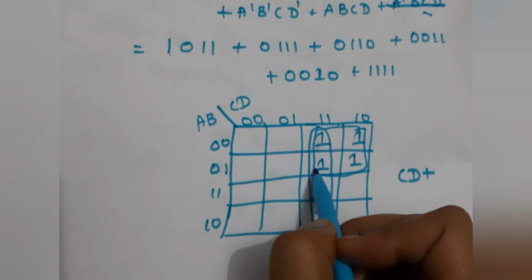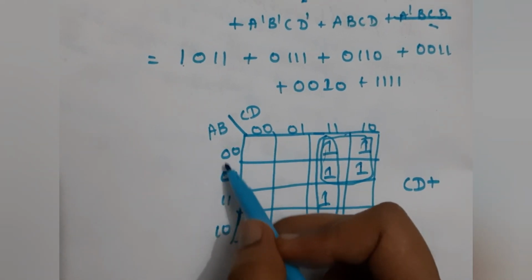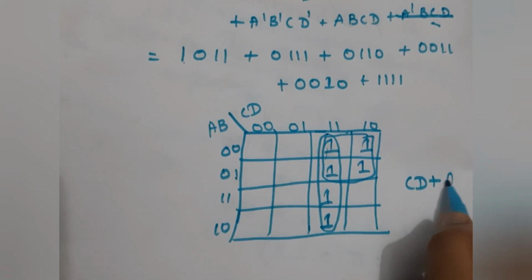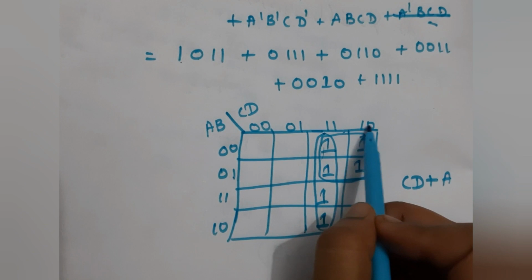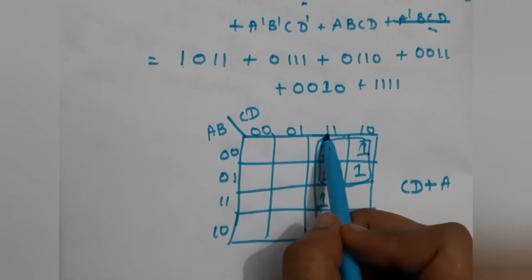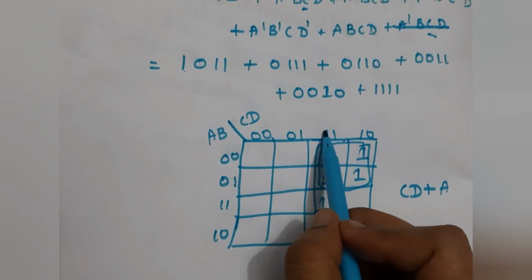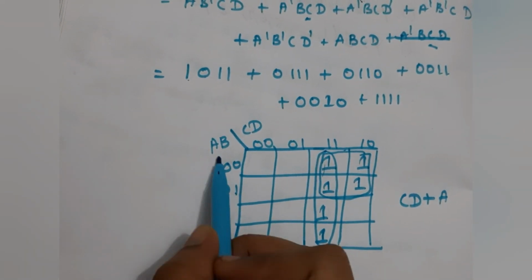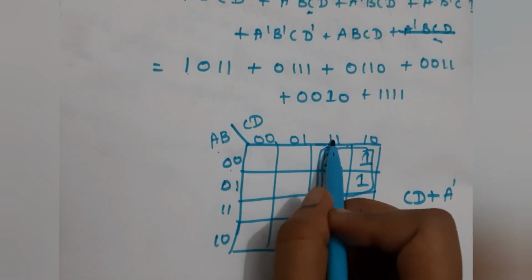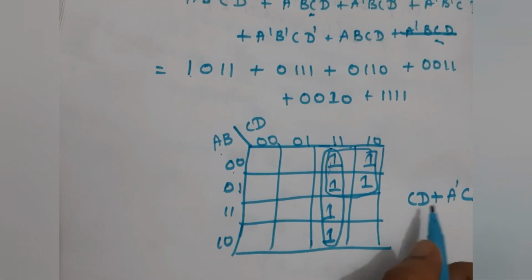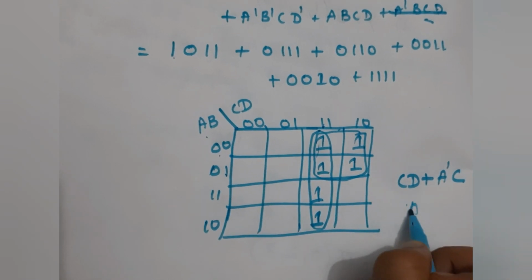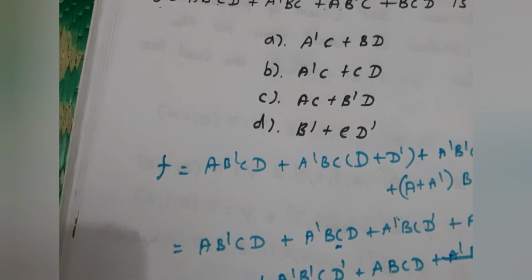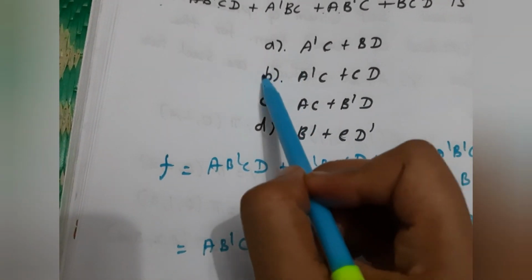Plus, considering this group of 4, A is not changing and B is changing, so consider A alone, and in the combination of these two, C is not changing, D is changing, so consider C. Here A is 0, so A bar, and here C is 1, so C. So here the answer is A bar C plus C D. So B is the answer.